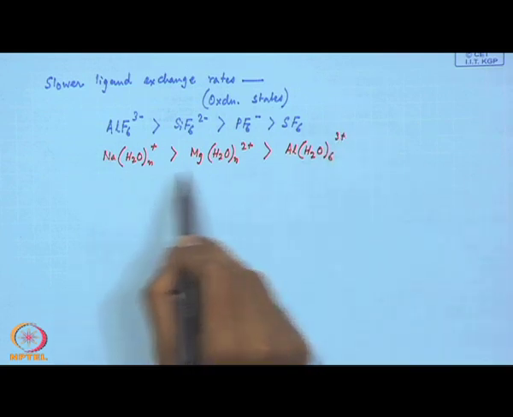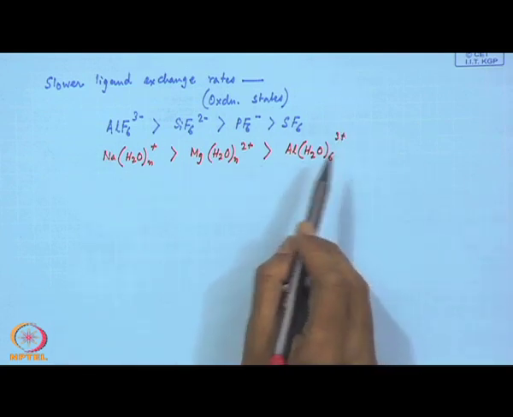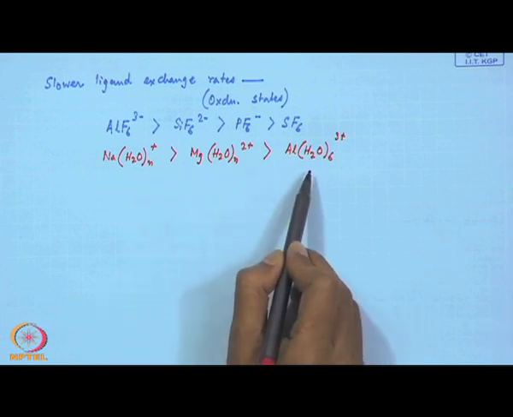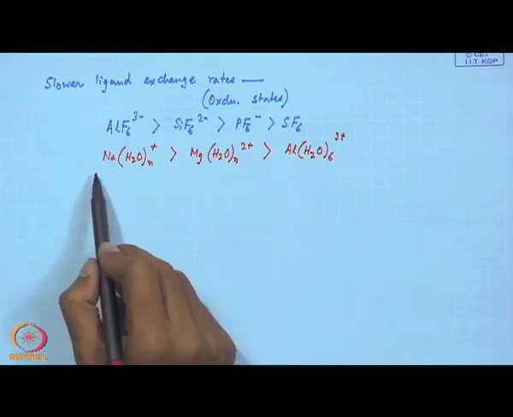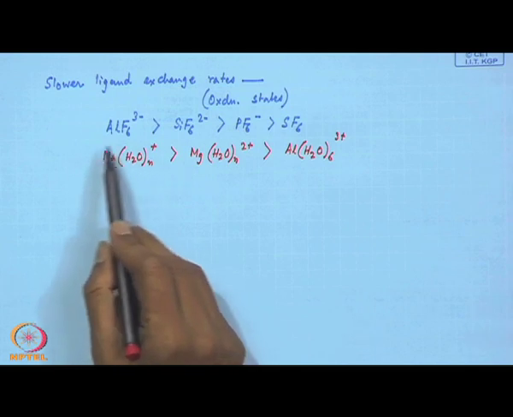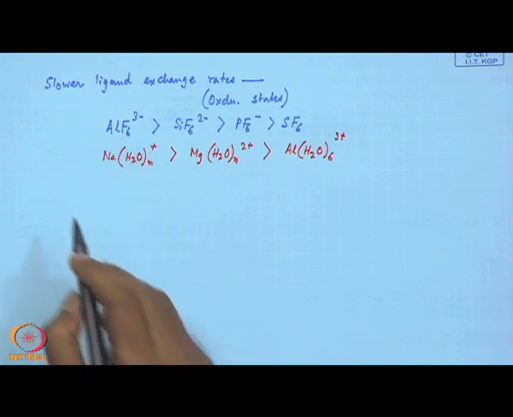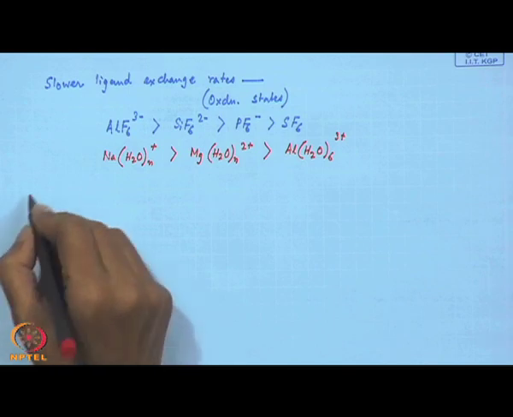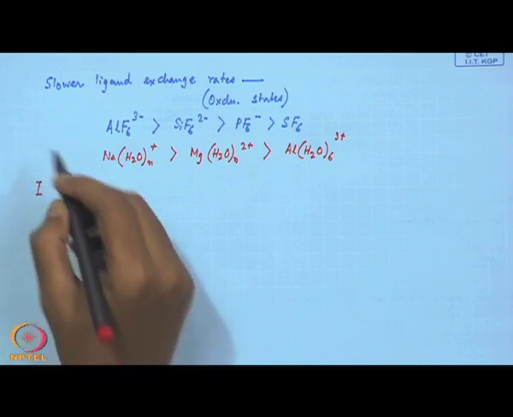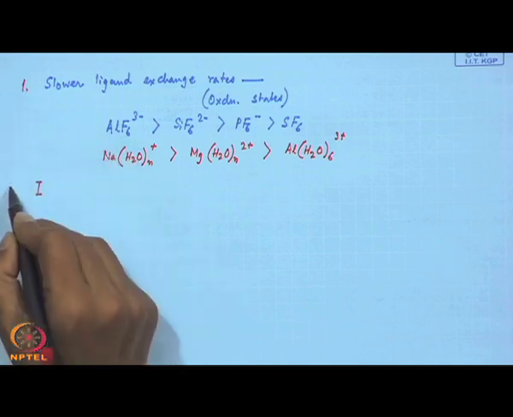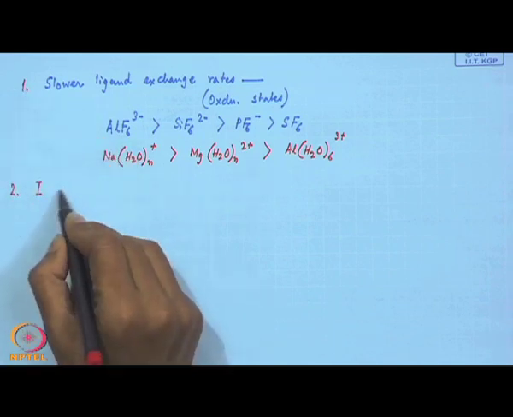So, as we change the oxidation state, the rate of the reaction is also decreasing, and we have the highest possible rate of ligand exchange, whether it is fluoride exchange or water exchange, for the lower oxidation state. And similarly, it also has dependence on, this is case 1 and this is case 2, ionic radii.